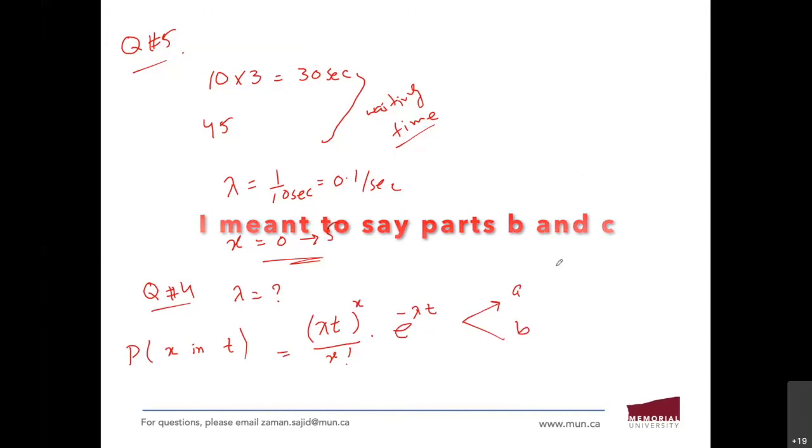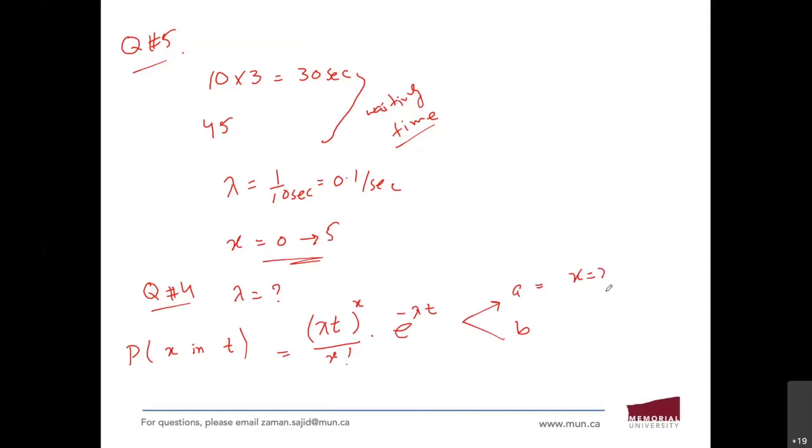The only difference is that in part A, it should be used for x equal to 2, whereas in part B, it should be used for x greater than or equal to 1.